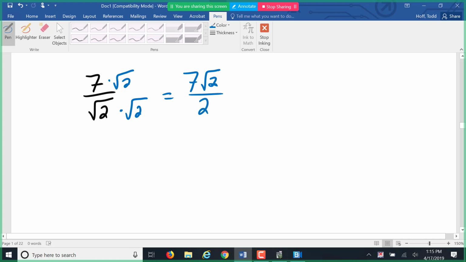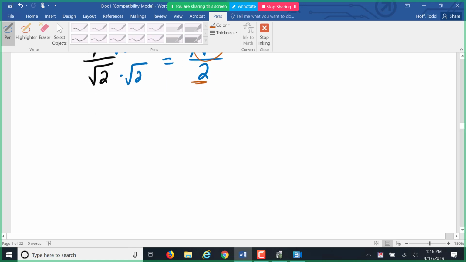Just 2. So now I'm not dividing by that ugly decimal that's the square root of 2. I'm multiplying by it, which is a lot easier to do. And then I am dividing by 2, which is a lot easier than dividing by that big ugly decimal. Now again, in the modern age with calculators, that's not as necessary of a task as it once was, but we still do it.